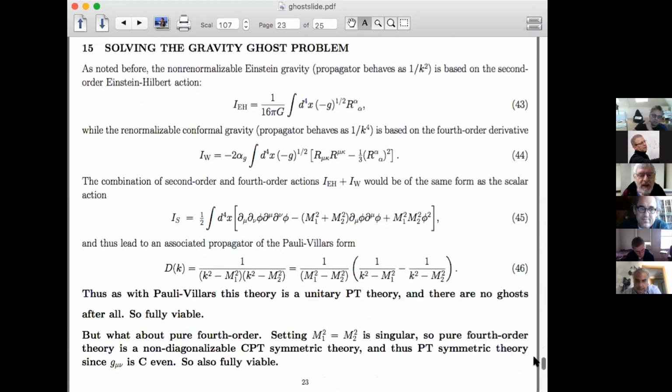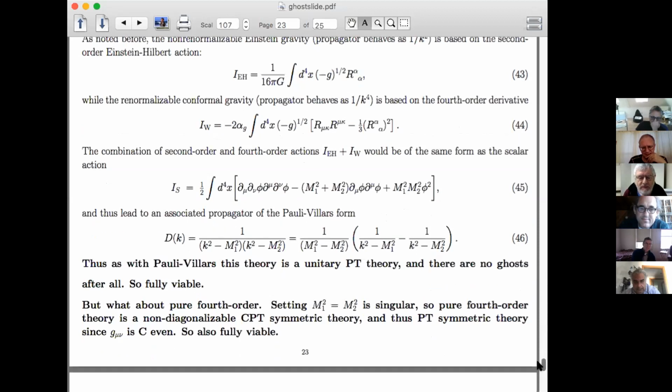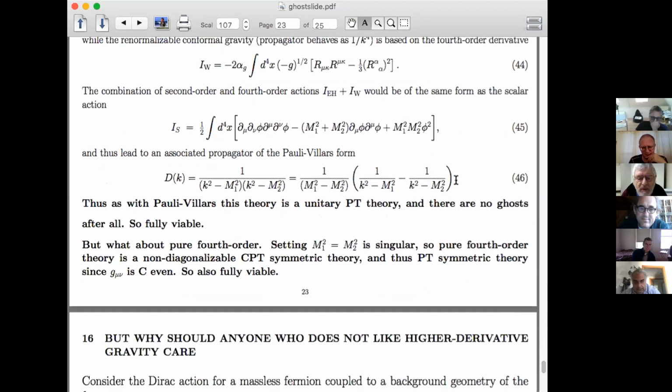So we're coming to the end. We've seen most of the cases we've now been able to resolve, but now let's go back to the gravity problem. We had the Einstein-Hilbert action with propagator 1 over k squared. We had the Weyl action 1 over k to the 4. We took the hybrid and we obtained this propagator.